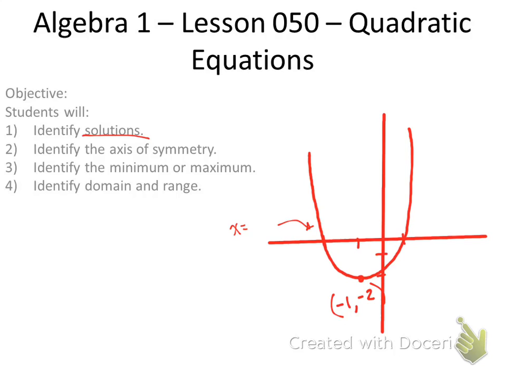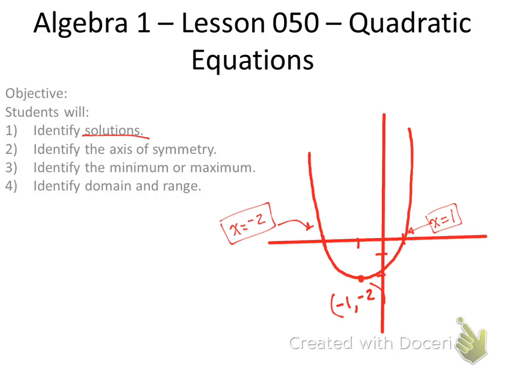X is equal to -2. That's one solution. Okay? Another solution is right here, and I count over, and this is at 1, so x is equal to 1 is a second solution. Okay? So there are two solutions on this graph. The way you find solutions, again, is wherever this graph touches the x-axis, that's a solution. Okay? That's the first thing.